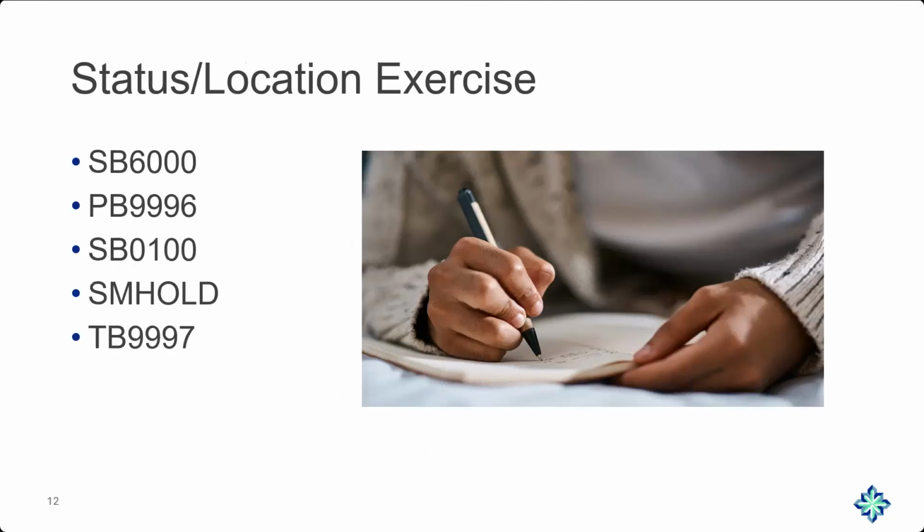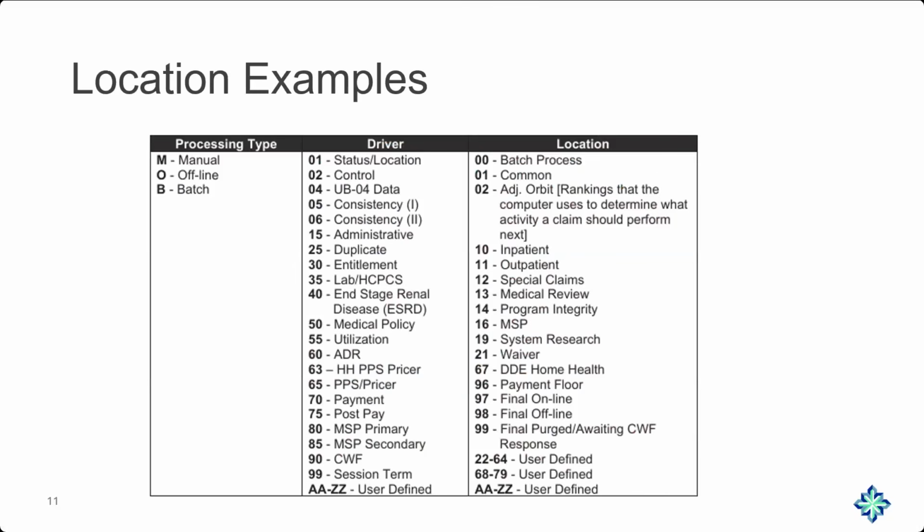What do we have next here? SB 0100. So we said S stands for suspense. Then we have B for batch. 01 is status location. And then 00 is batch process.